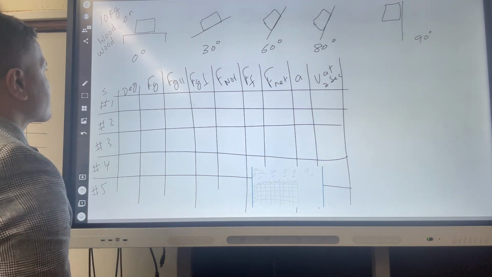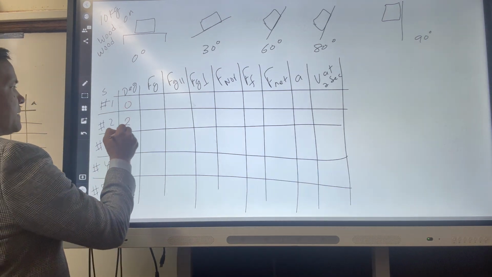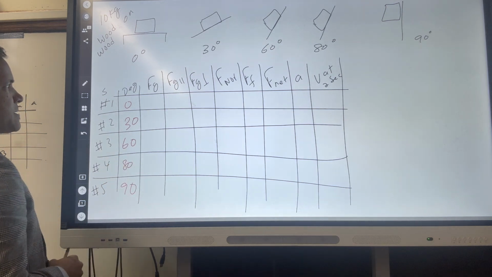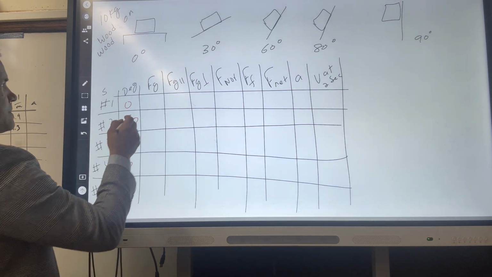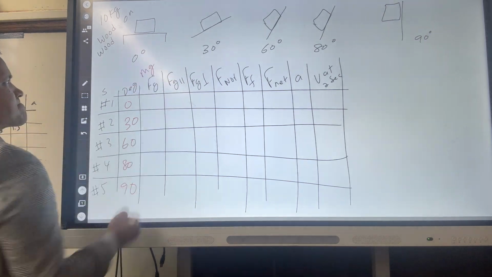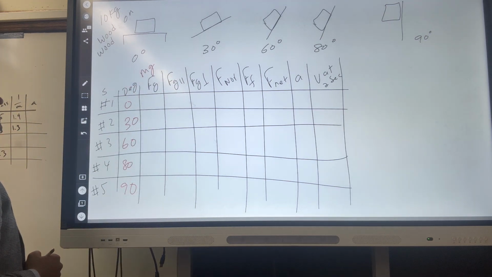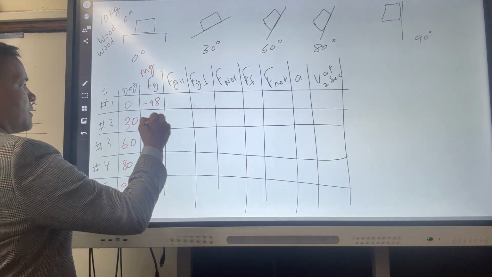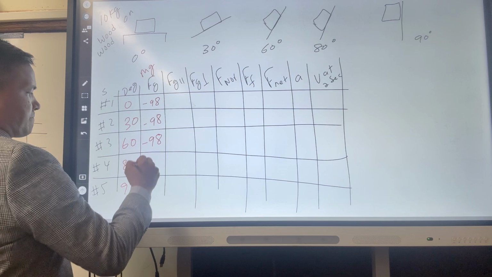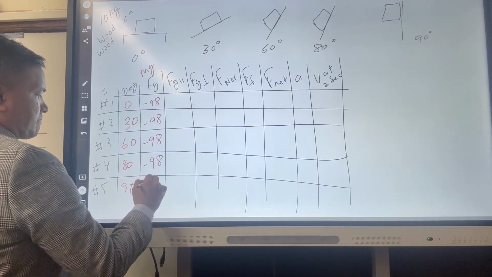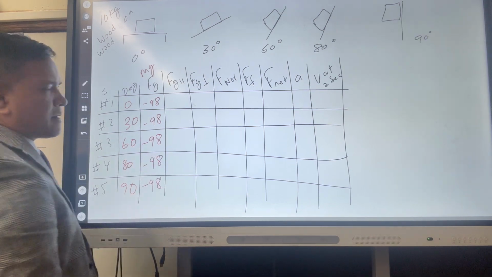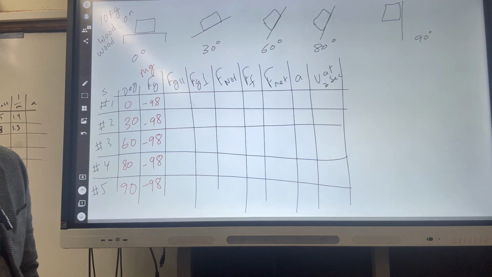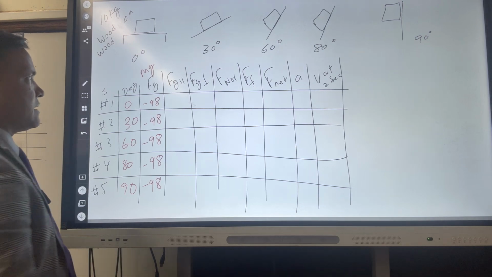Okay, so the degrees are 0, 30, 60, 80, and 90. Why is 1 easy? The weight is very easy. Weight is always mg. M is 10 and g is negative 9.8, so negative 98 for all of them. Now FG parallel. Let's see if I have a calculator.